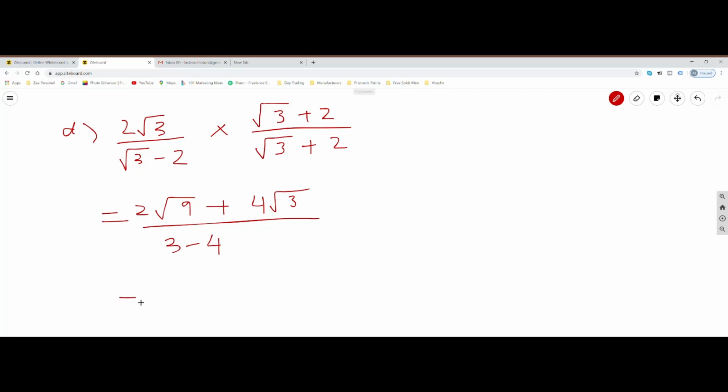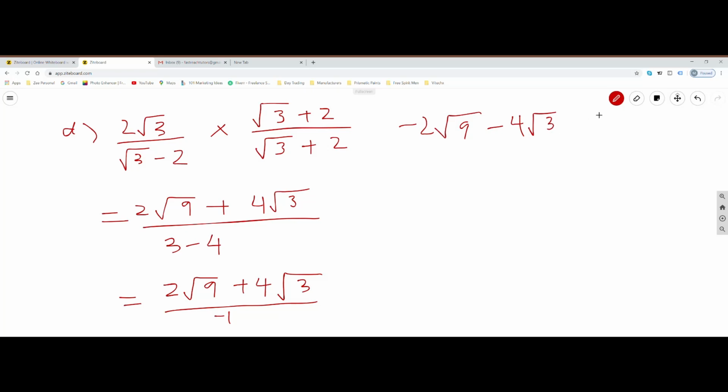So you have 2 square root 9 plus 4 square root 3 divided by negative 1. So the answer is negative 2 square root 9 minus 4 square root 3.